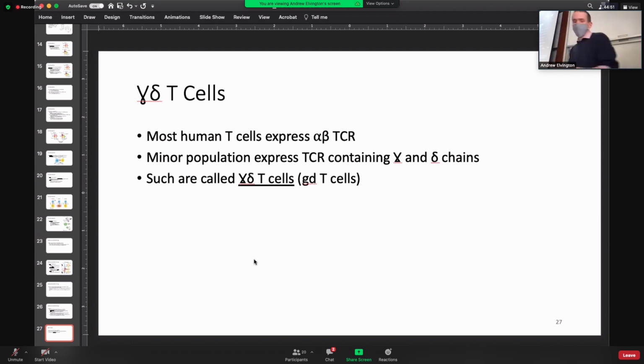Gamma delta T cells are a minor population because they have T cell receptors that express a gamma chain and a delta chain, whereas most T cell receptors are what? Alpha and beta. We call these T cells that express gamma delta T cell receptor gamma delta T cells or GD T cells.